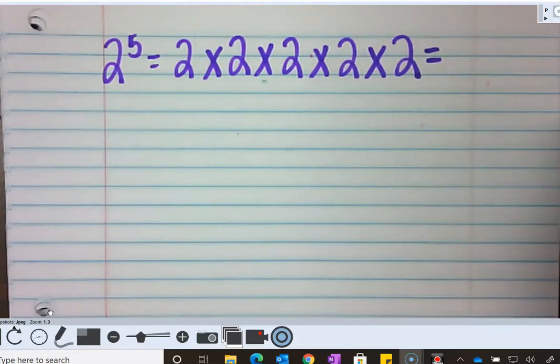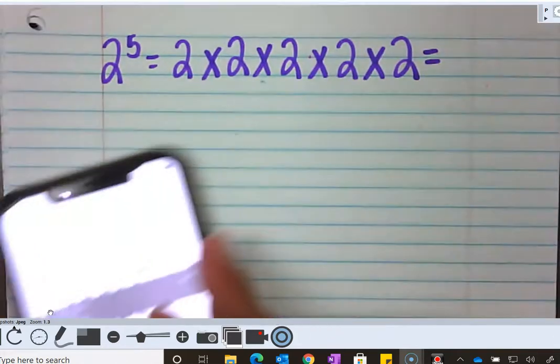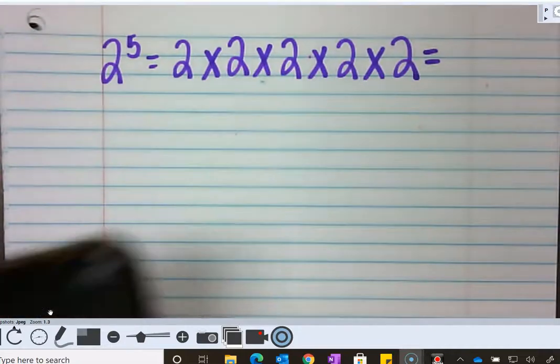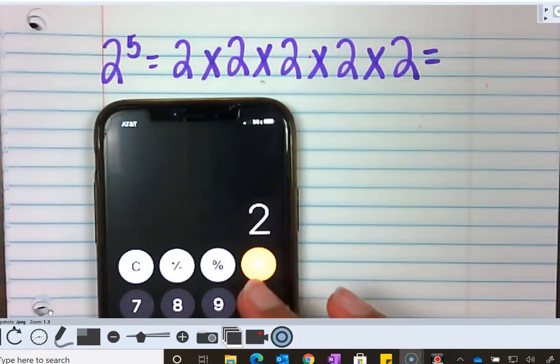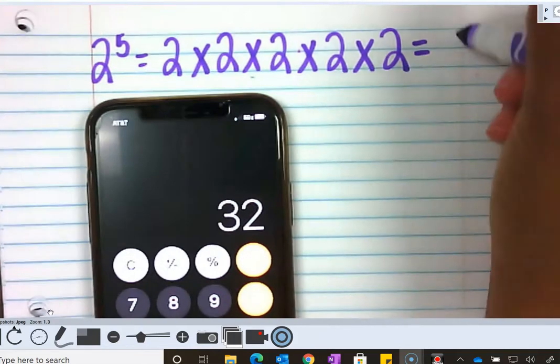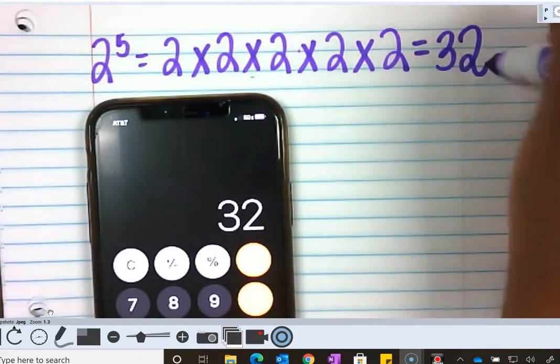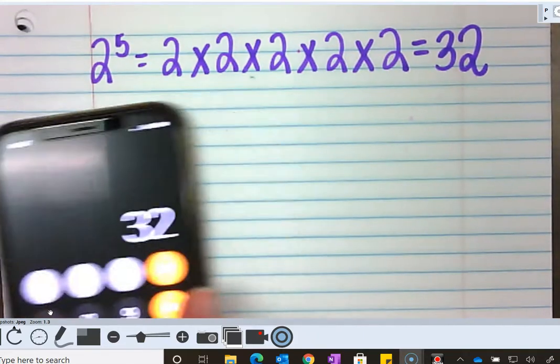I could just get my calculator to do it for me. Get my calculator open. 2 times 2 times 2 times 2 times 2. 32. I did 2 times 2 times 2 5 times.